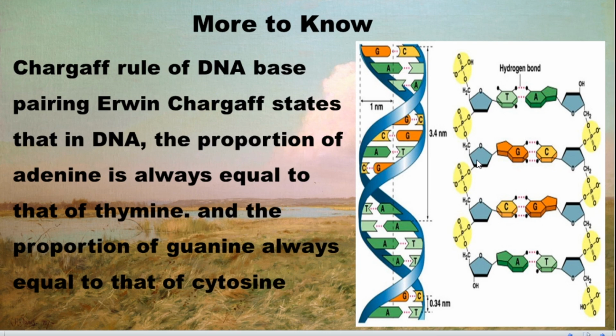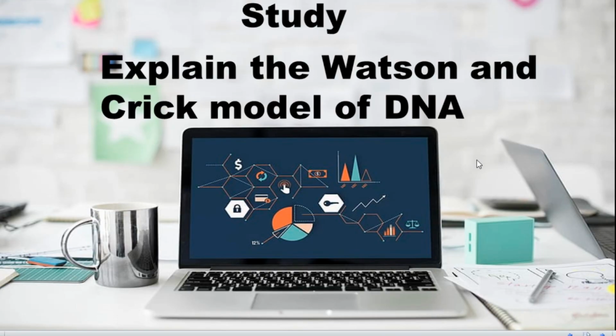Then more important things you should know: the number of adenine is always equal to the number of thymine. Guanine is always equal to cytosine. However many guanines are present, the same number of cytosines are present. You should know that. So these are the explanations you have to give.